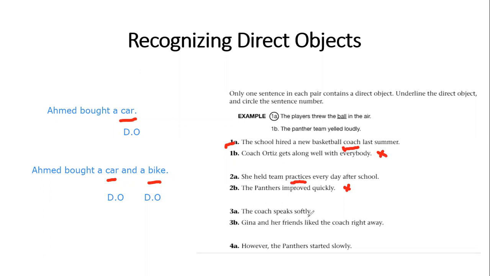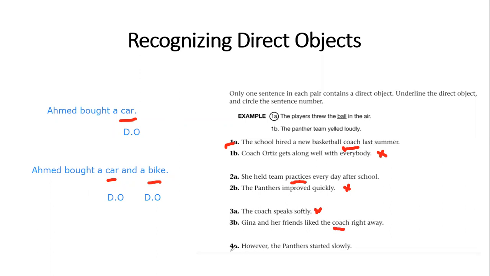The coach speaks softly. Gina and her friends like the coach right away. So speaks softly, softly here is not a noun. And here Gina and her friends liked what? Yes, they liked the coach. So coach here is DO.